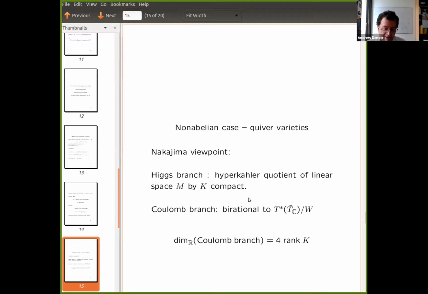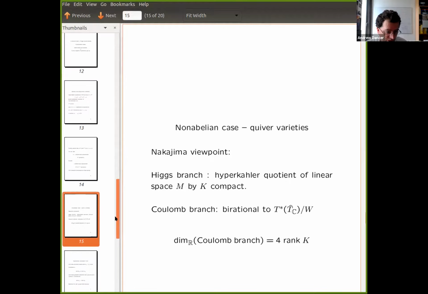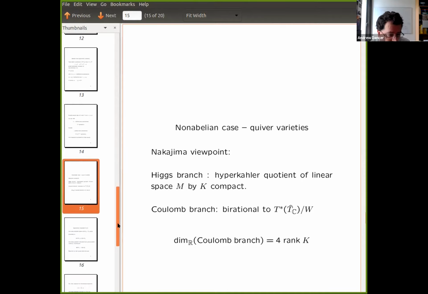So the classical model for the Coulomb branch would be that singular space exactly, that flat thing modded out by the Weyl group. For the genuine Coulomb branch, there are some quantum corrections, which mathematically are represented by birational transformations. That's the link between the mathematical and physical viewpoints there. So in particular, that gives us a nice check on how the dimensions of the Coulomb branch and the Higgs branch are related.